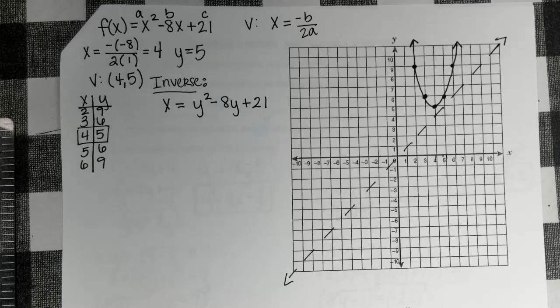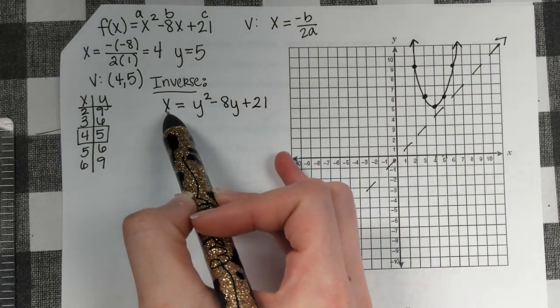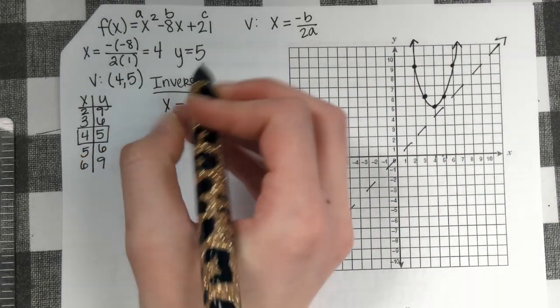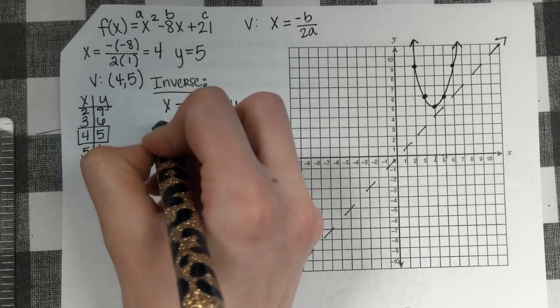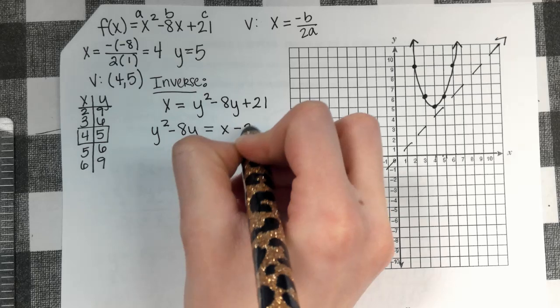Okay? Now, I have 2 y's. My first step, I can still subtract the 21. So that tells me y squared minus 8y equals x minus 21.